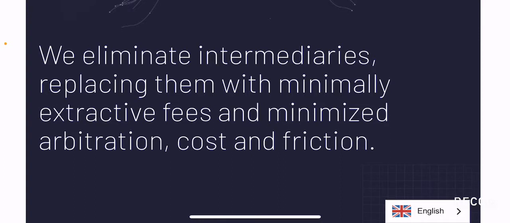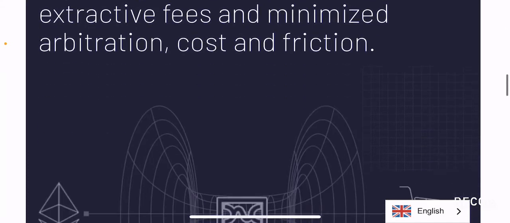That's how centralized e-commerce works, whereas decentralized e-commerce aims to bring you very minimal fees, make it very peer-to-peer and decentralized, obviously, and also reduce arbitration as well as cost and friction between you and the person who is selling you things, and that's basically the overall end goal of Boson protocol, right?